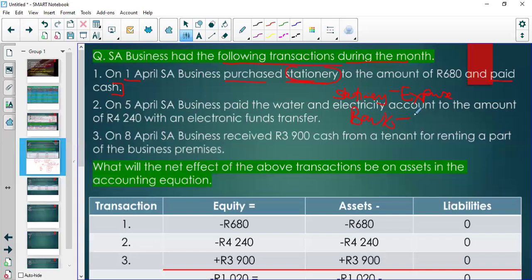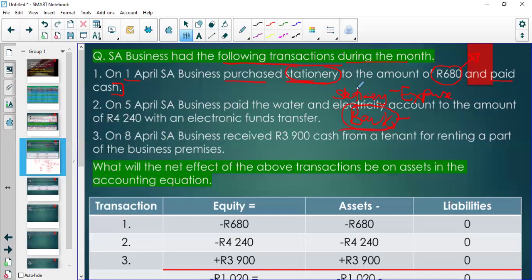So we have two accounts here, and the bank account is an asset. We paid 680, so in other words, we reduced our asset, and assets reduce on the credit. So the general ledger account you're going to credit is the bank account.